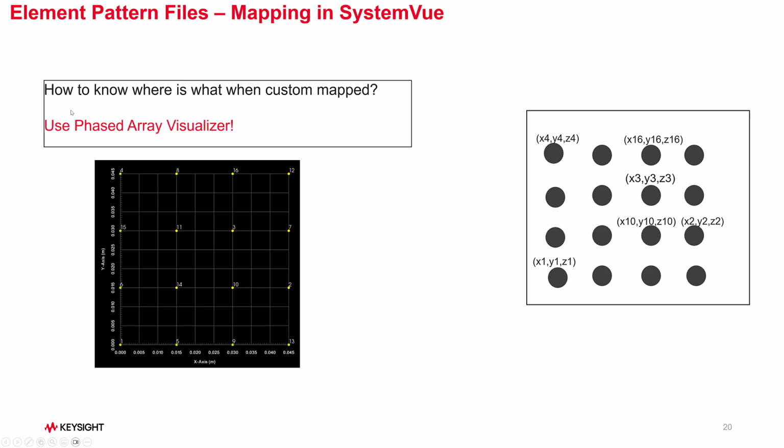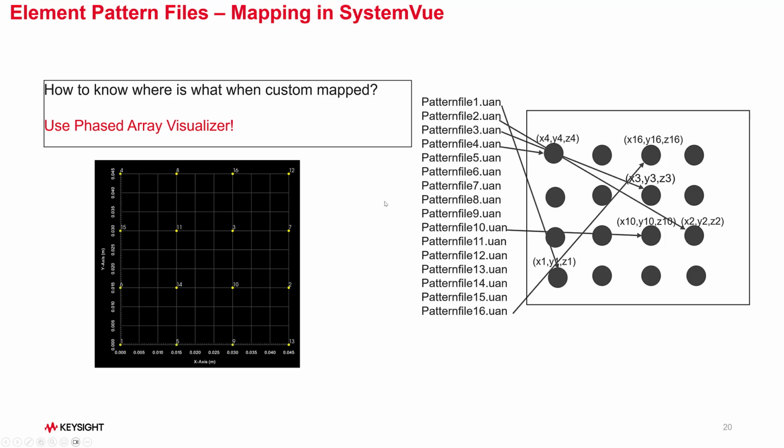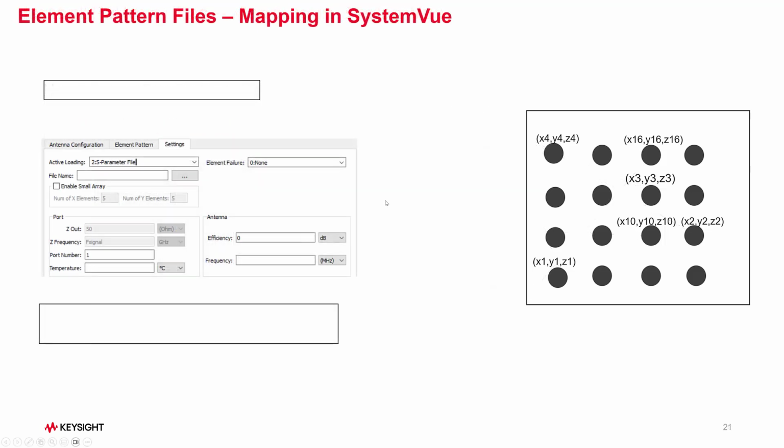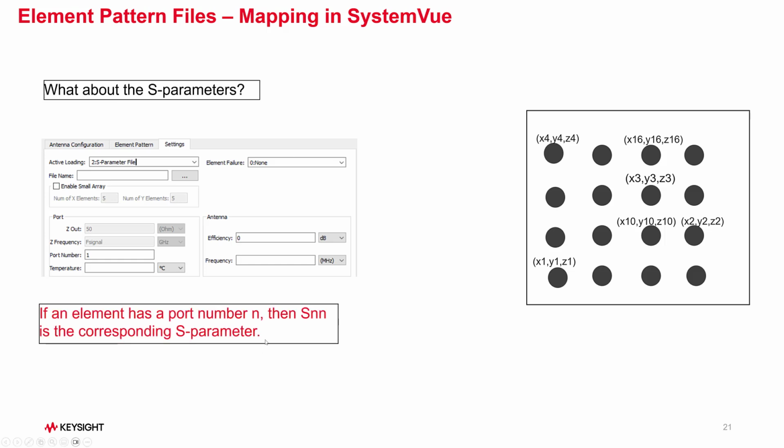The phased array visualizer is a very useful tool for you to be able to achieve the pattern that you want. Now, the question may be, what about the S parameters? It's so easy, the S parameters will follow the port numbers.